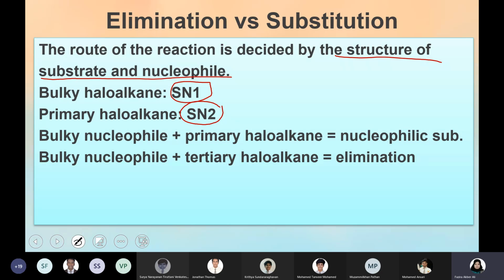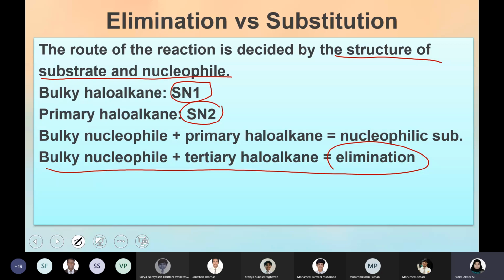So many are there, but generally you can have an idea under which condition it will undergo SN1, SN2 and elimination. So bulkier nucleophile and tertiary haloalkane lead to the elimination reaction. That means they prefer elimination if the nucleophile is a bulkier group and haloalkanes are tertiary.